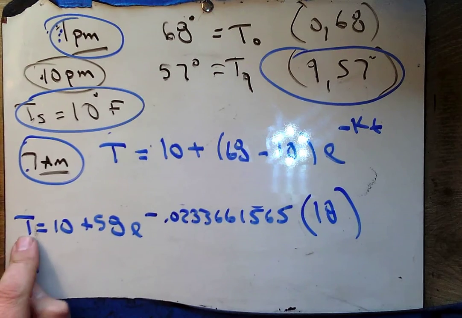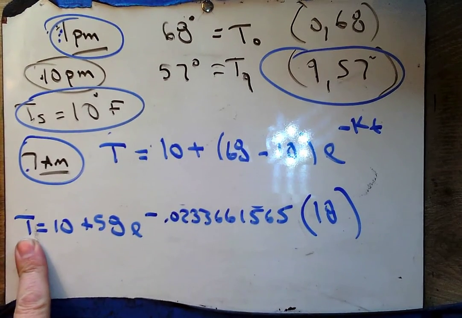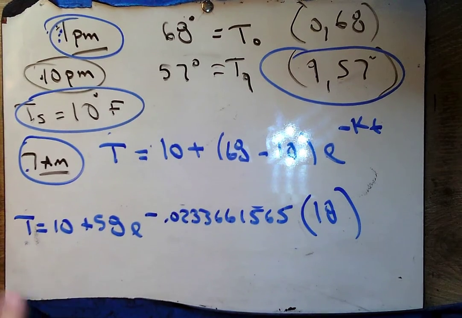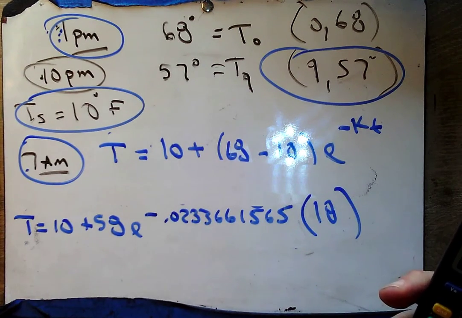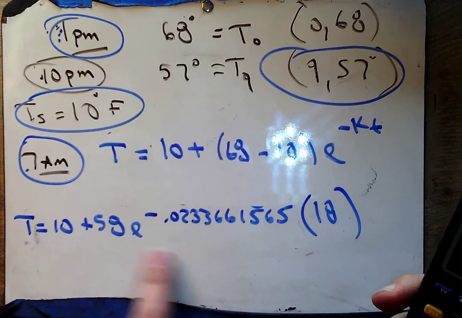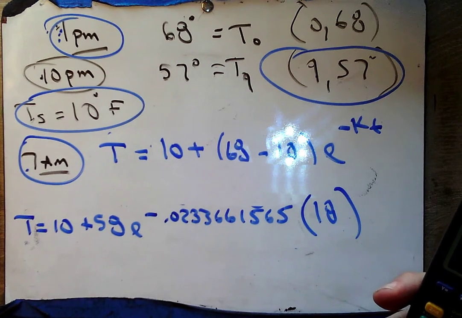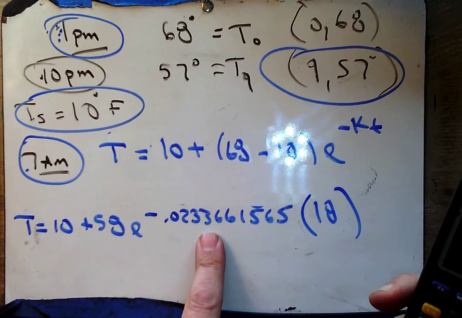Now, if this answer turns out to be below 32, Mom needs to run the water, not just go to bed. But if this number is bigger than 32, go to bed, Mom. Don't worry about running off the faucets. So let's see what happens. I'm going to take that number times our rate.